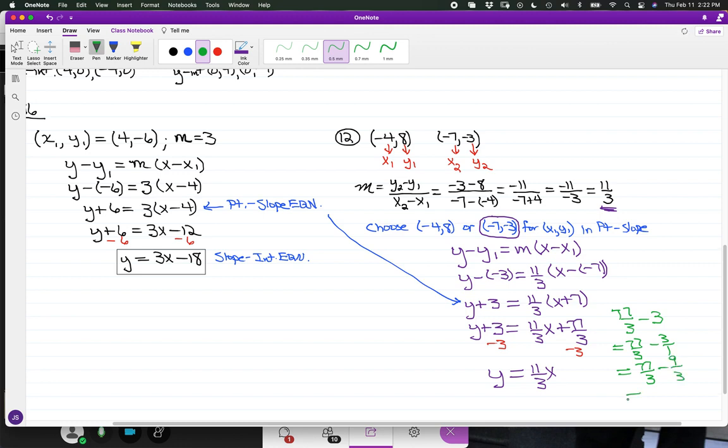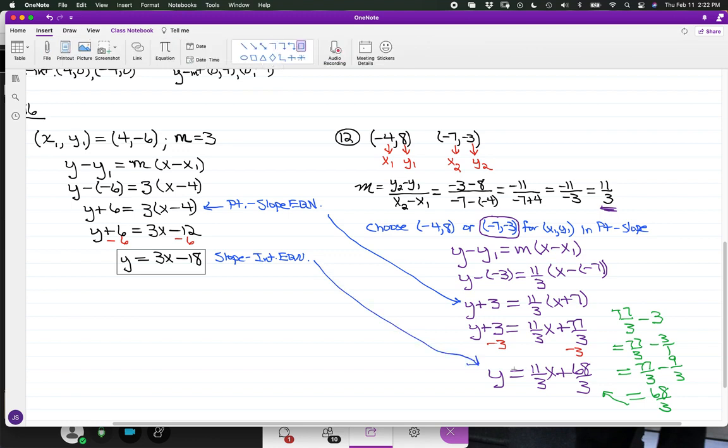For that difference, we have 68/3. So for the slope-intercept equation, we have 11/3 of x plus 68/3.